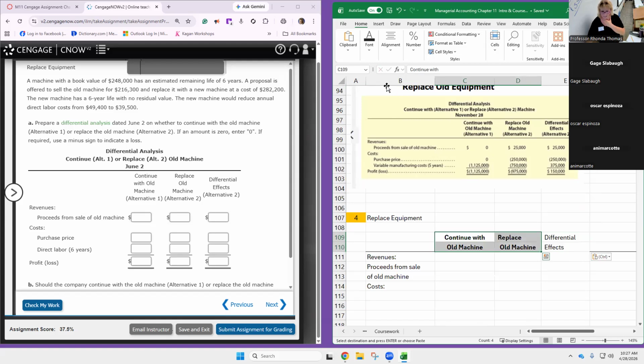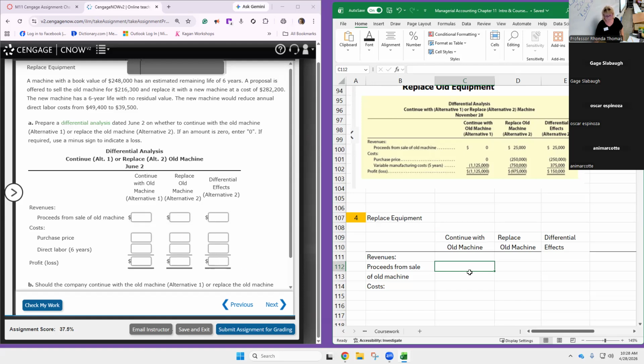So let's see what we can line up here about each of these scenarios. If we sell it, proceeds from the sale of the old machine. Well, if we're keeping it, there is no revenue, right? So the only scenario where we would actually sell the machine is the replace alternative.